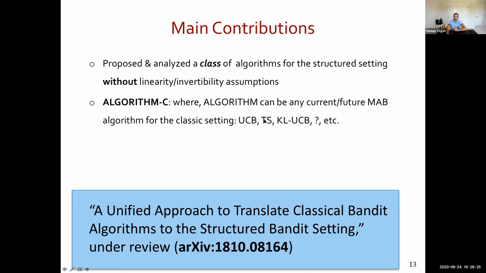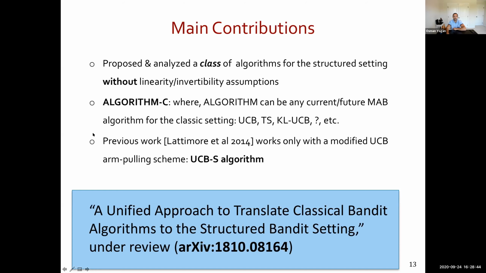But instead, if you want to use a Thompson sampling-like algorithm, which usually performs better empirically, we provide a way of converting Thompson sampling to be suitable to the structure setting. And in that case, the algorithm is called TSC. And similarly, again, for any algorithm.